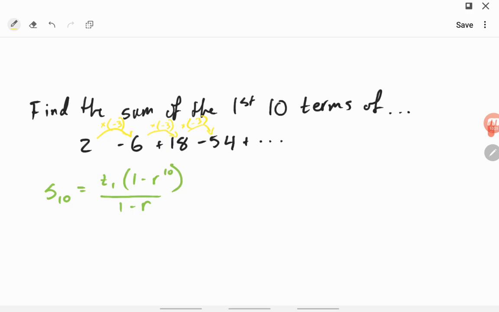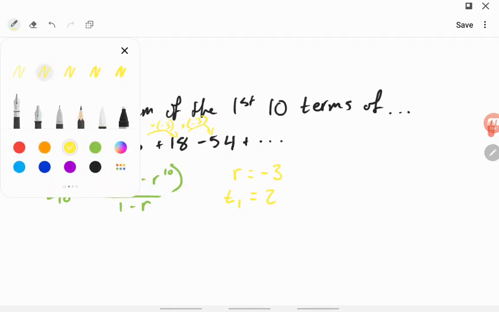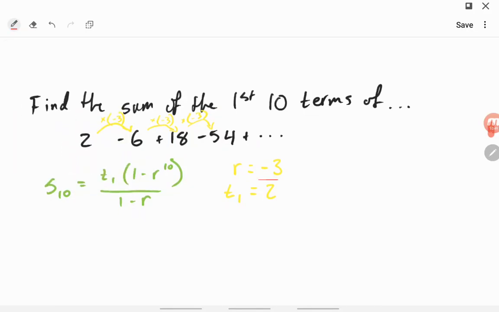So we can see from this that r is equal to, well, that's negative 3. We can see T1, now that's our first term. What's our first term? Well, our first term is 2. And if we look at this equation, all we need to know is that first term, which is right here.